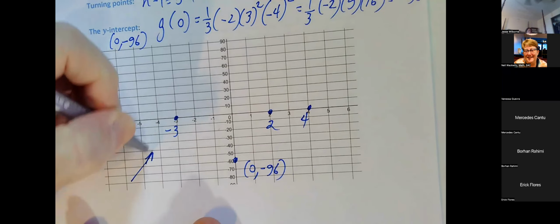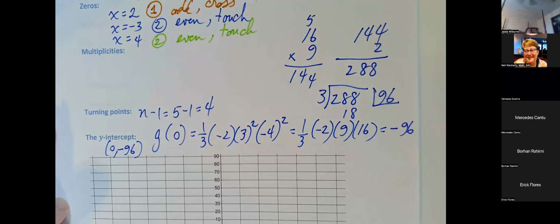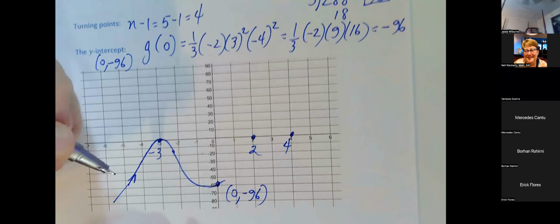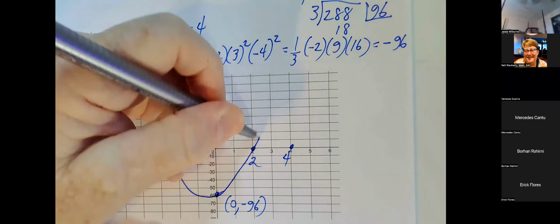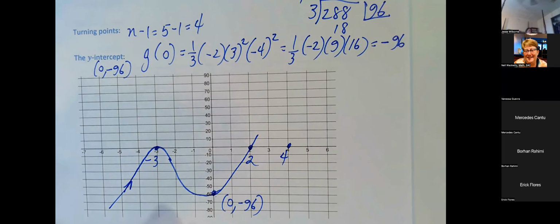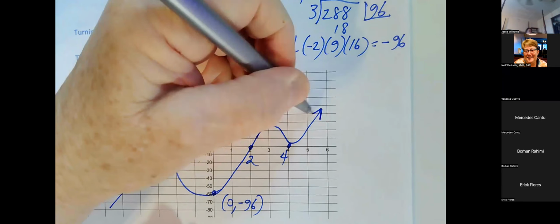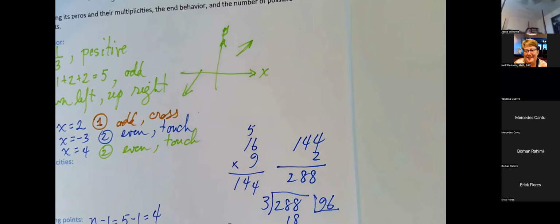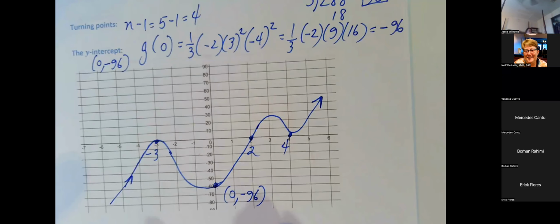Then we would go through the y-intercept, then go through positive 2, and then touch 4. And does that agree with our end behavior? Yes. Okay, great.